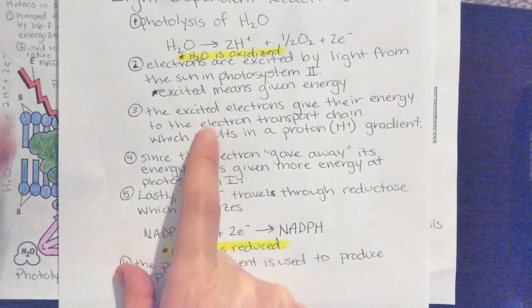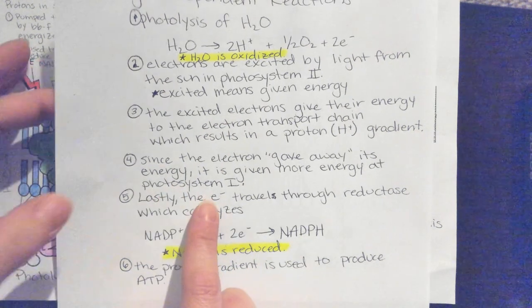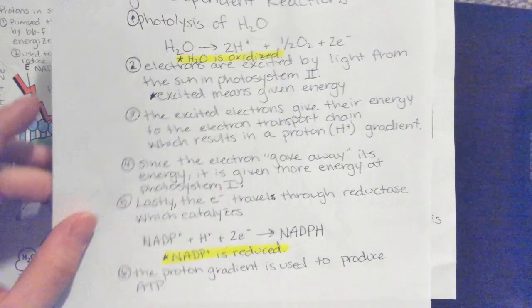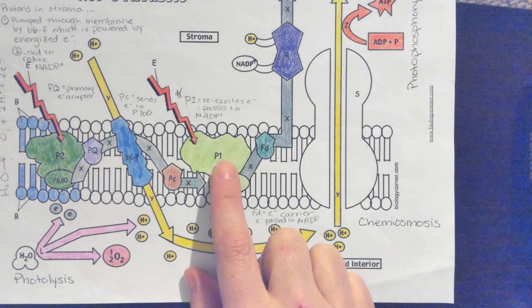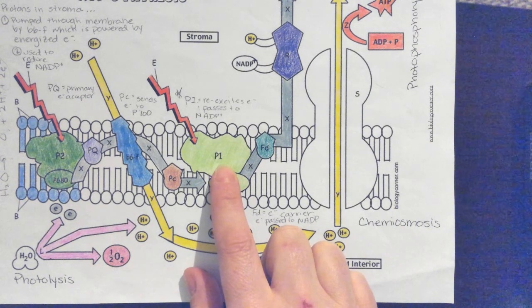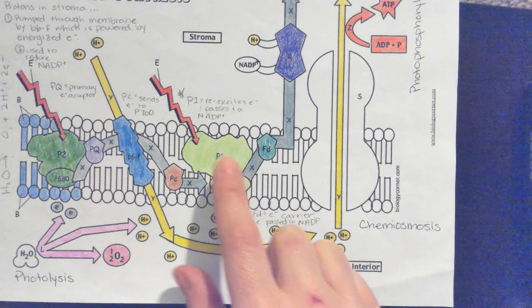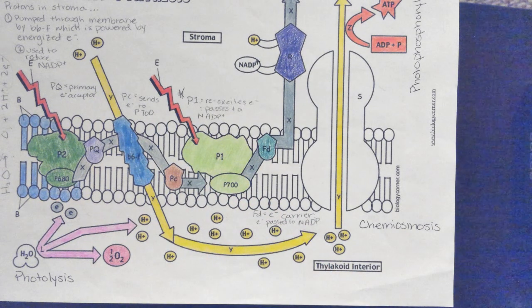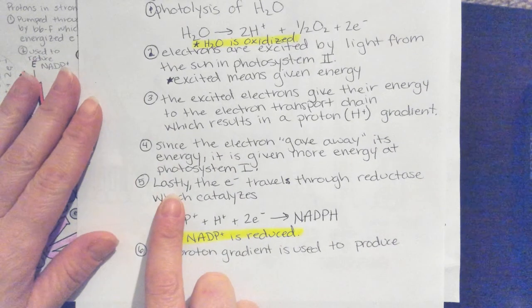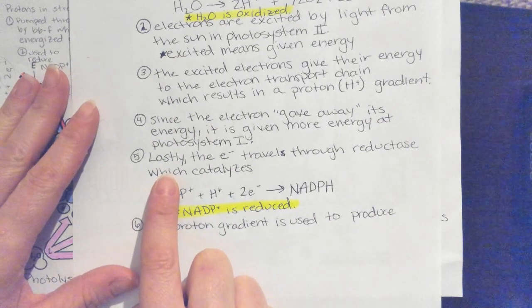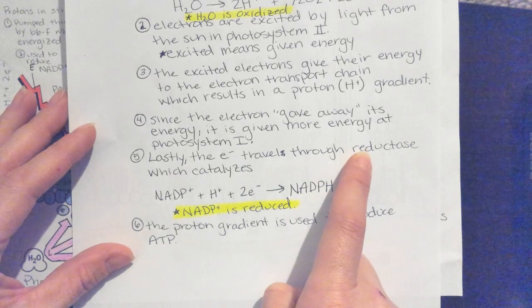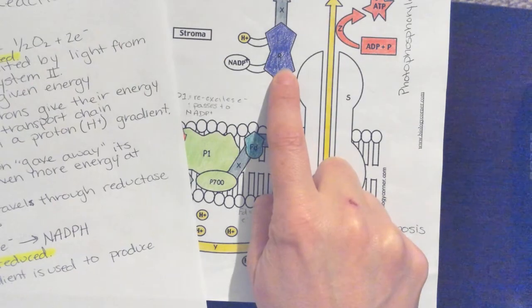So, since the electrons gave away their energy in order to help with that proton gradient as they passed through the electron transport chain, they go to photosystem 1, where they now regain that energy. So the electrons end up here next. This is step number 4. It regains, or is re-excited. It's given more energy. Why? Because the electrons are now going to travel through that enzyme that I pointed out yesterday, but I didn't name it.